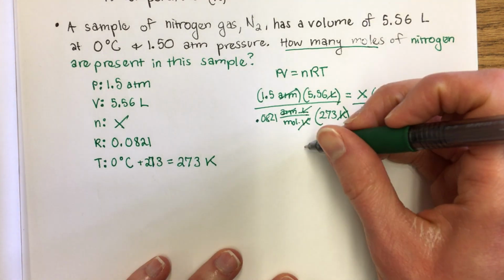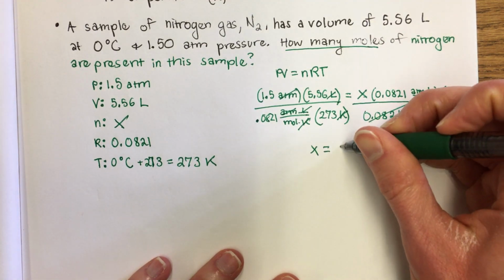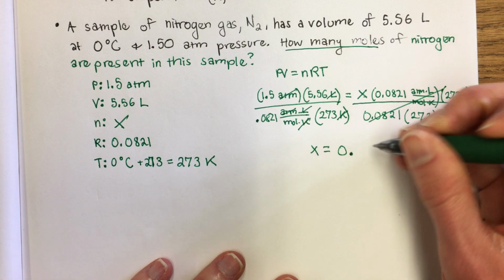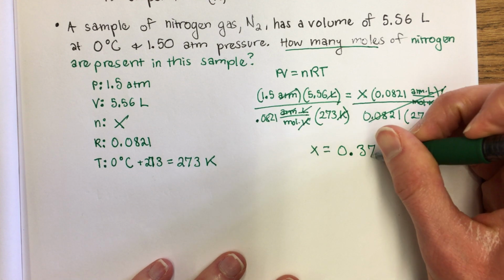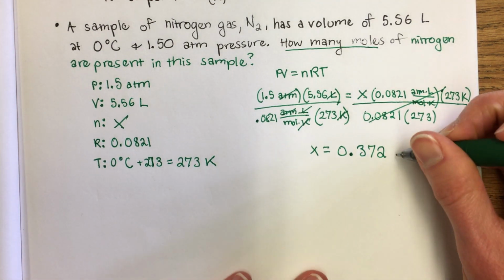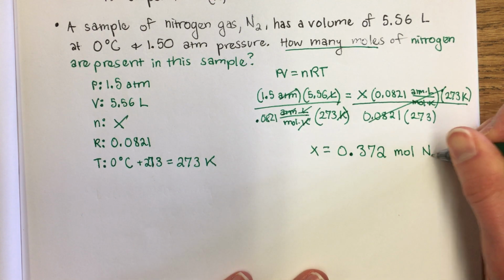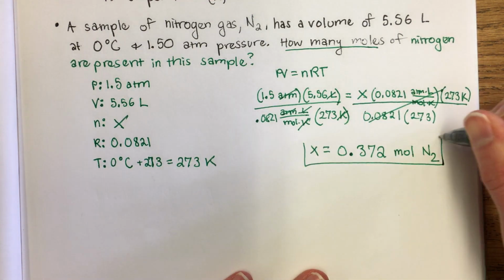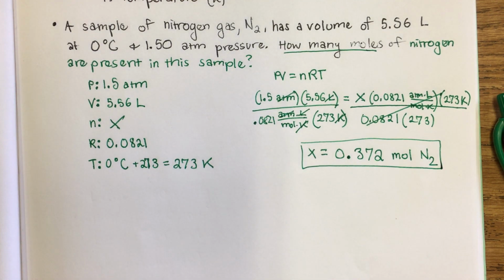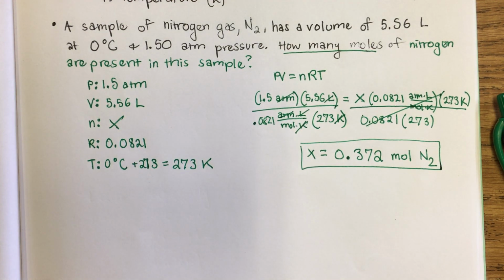We're going to get x is equal to 0.372 moles of N2. So that's the ideal gas law, and that's how you use it. You just find all of the parts of the equation and plug them in.